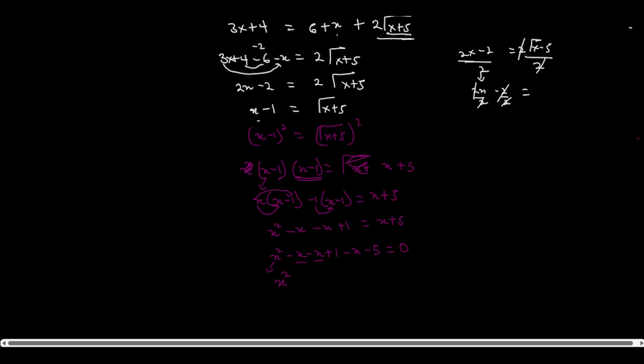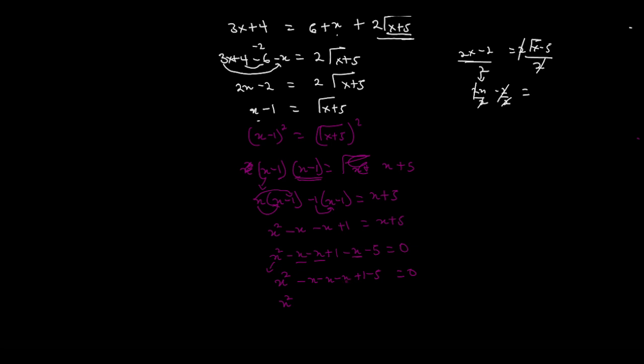Now minus x is going to give us minus 2x, and there's another minus x here. So it's more like we have minus x minus x minus x, and then we have plus 1 minus 5 is equal to 0. So we say x squared. Here, basic algebra, you will get minus 3x, right?